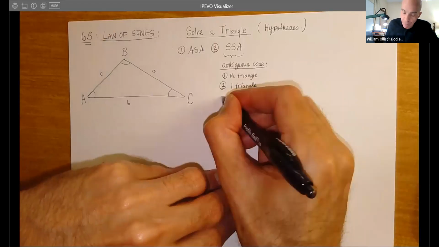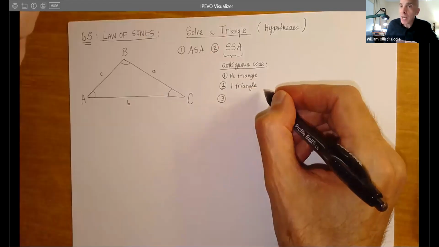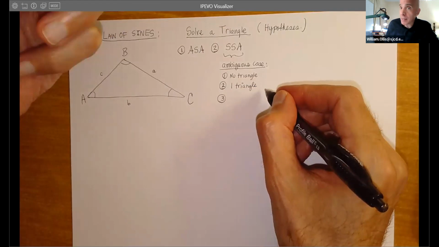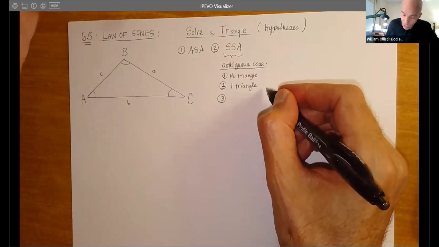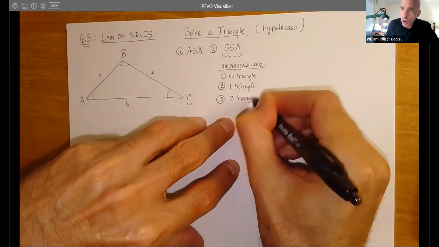And then of course, maybe you checked the second solution and you actually derived another set of parameters that actually exist. That is, the degree sum makes sense. And so you get two triangles. So this is not a hard problem.